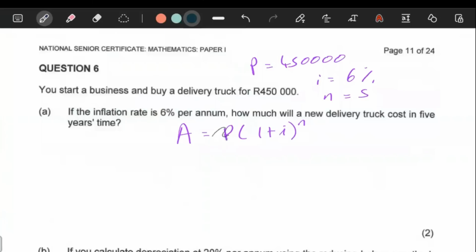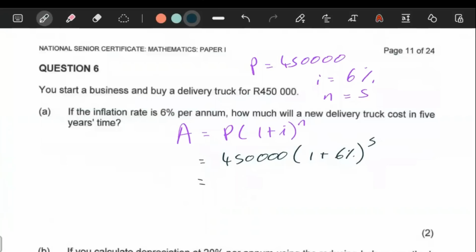So from here, let's see what we can do here. So P, 450,000. Interest 6%. n is 5. And then let's see what we can do here.